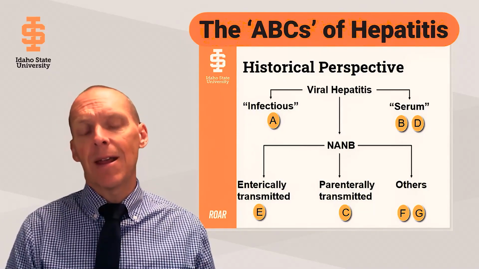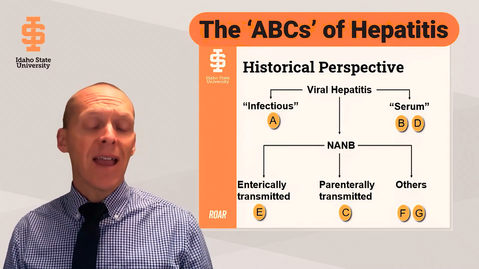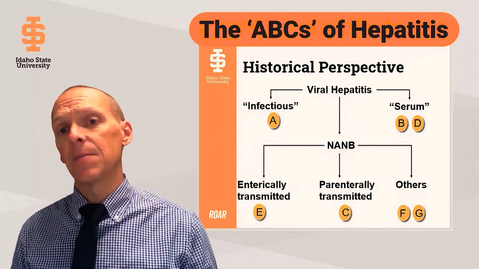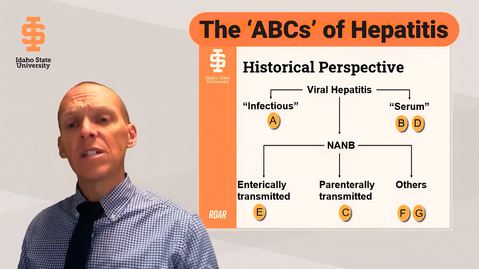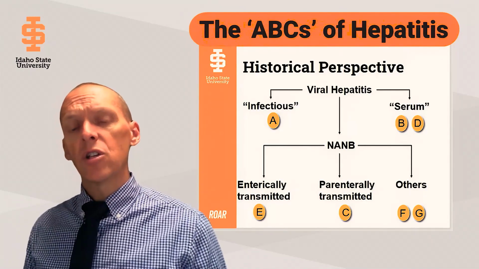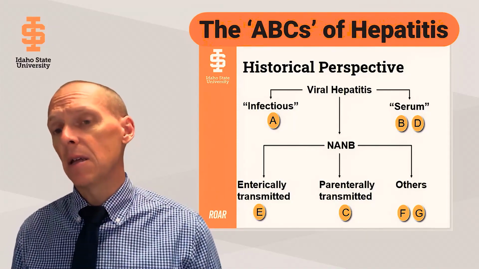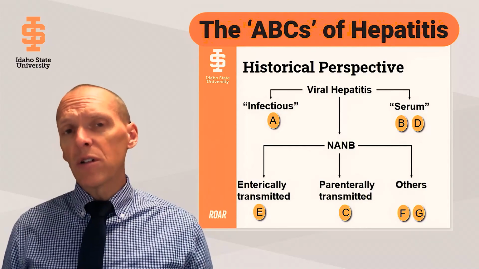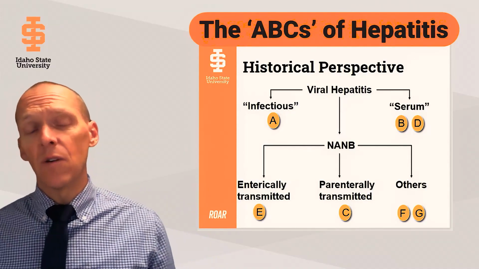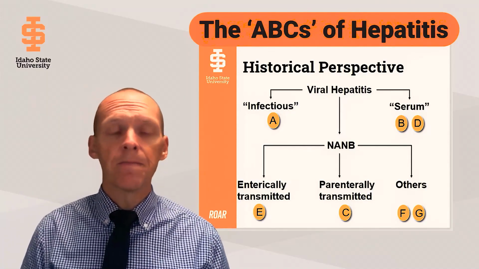But infectious hepatitis went on to be categorized as hepatitis A. Then there was serum hepatitis, which here in the U.S. is primarily hepatitis B, but you'll also see some hepatitis D or delta referred to in the literature.